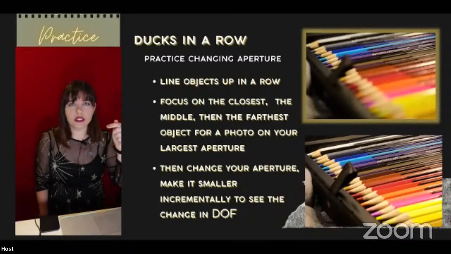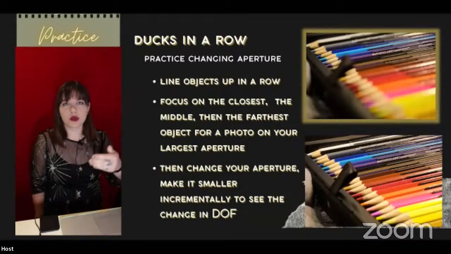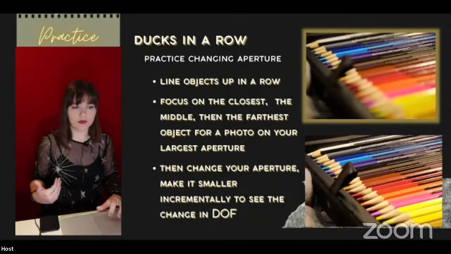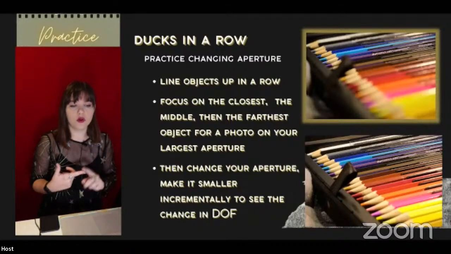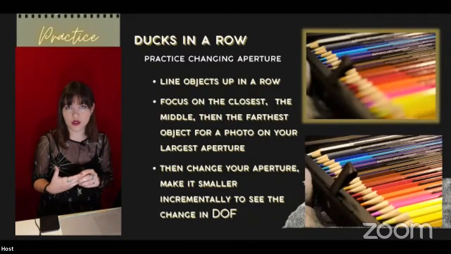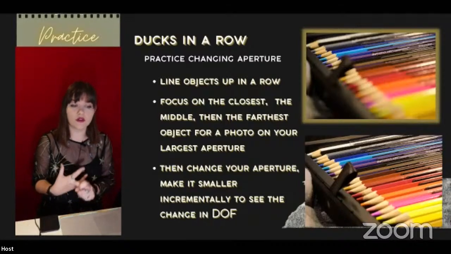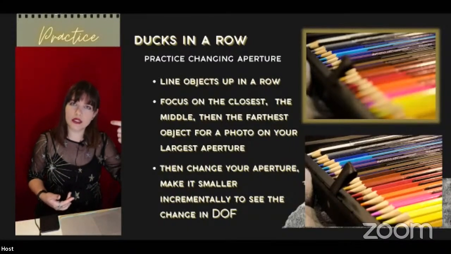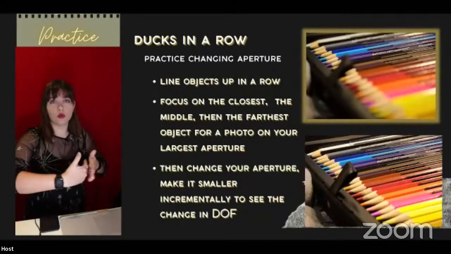Because then you're really going to notice how your depth of field changes and how it spreads when you pick a different focal point. So if you focus on the closest and then do at least 3 different apertures, focus on the farthest, do 3 different apertures, and then in the middle, it'll hammer in the relationship between the focal plane, right?